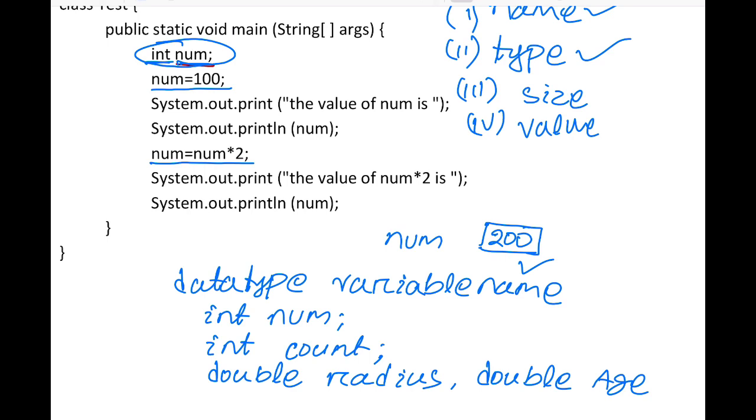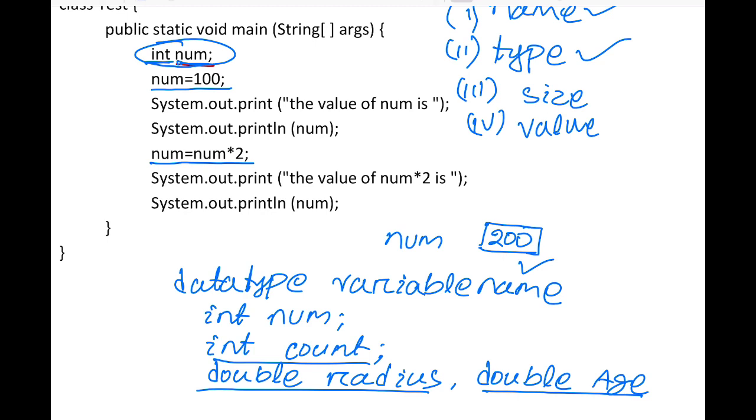So here int num declares num to be an integer variable. Similarly int count declares count to be an integer variable. Similarly double radius declares radius to be a double variable. Similarly double edge declares edge to be a double variable.